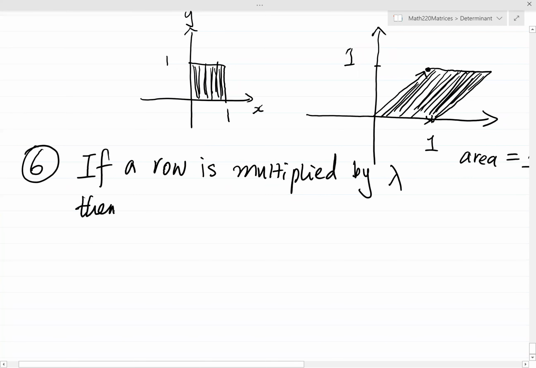So you skew one dimension by lambda, and you just multiply the height by lambda.